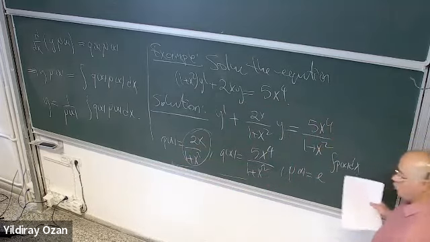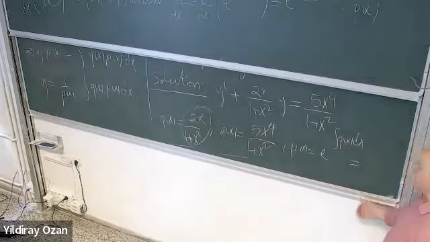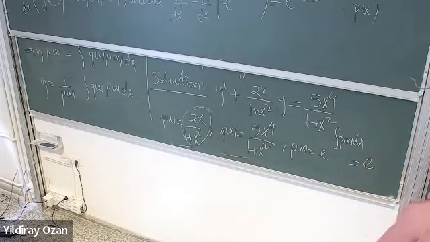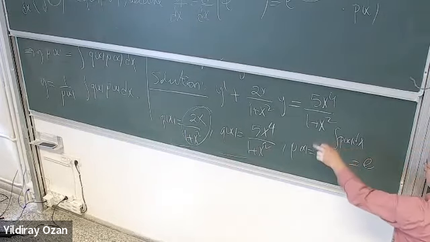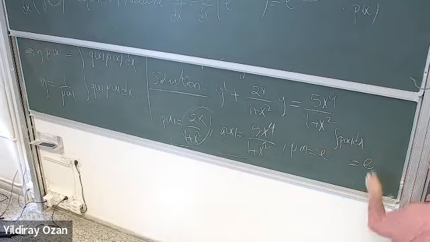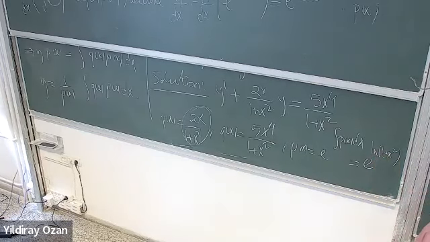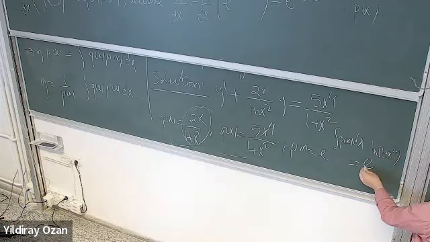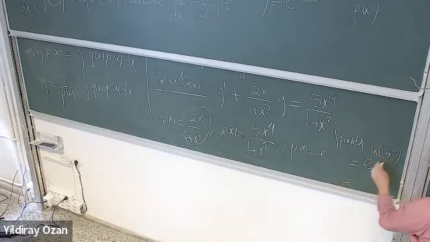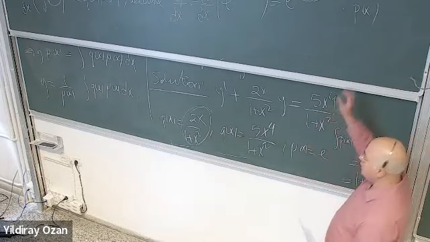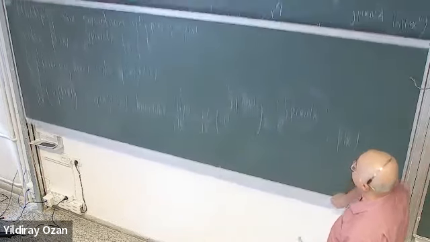It is e to the power integral of 2x over 1 plus x squared. This is just logarithm of 1 plus x squared. You don't need to put absolute value because 1 plus x squared is always positive. And here I have the exponential function and the logarithm. They are inverse of each other. Therefore, this is just 1 plus x squared. So our integrating factor is just 1 plus x squared.